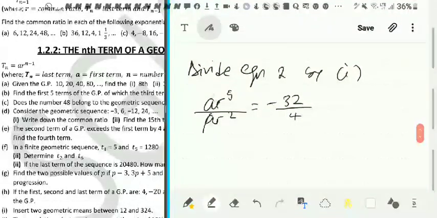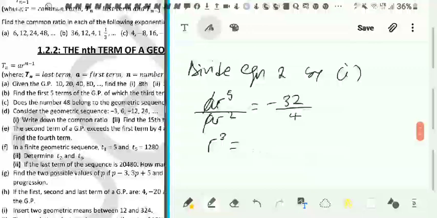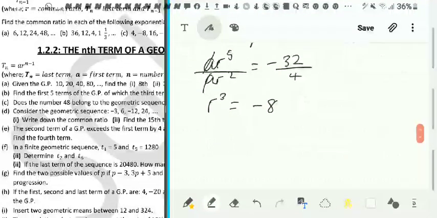This is what I wanted to achieve, to cancel out this A. R raised to the power 5 divided by R raised to the power 2, that's R cubed, equal to what? Negative 8. So now I want to solve for R.